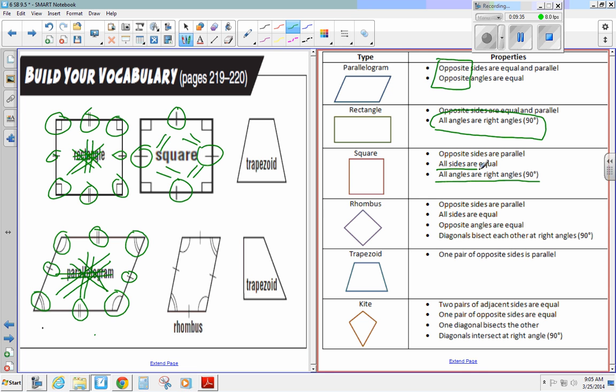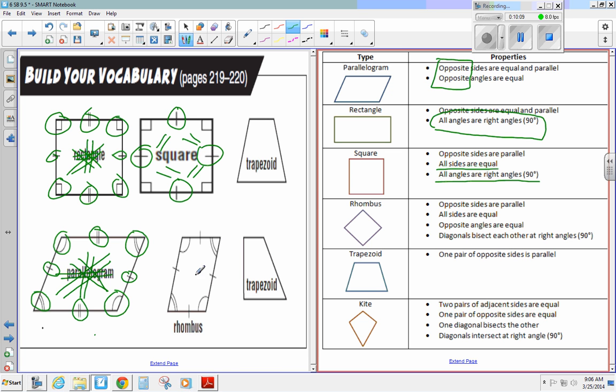These two here, crucial. A rhombus. Here's a rhombus. All sides are parallel. All sides are equal. So basically a rhombus is a square that's been knocked over a little bit. This right here, diagonals bisect each other at right angles, is not too important.